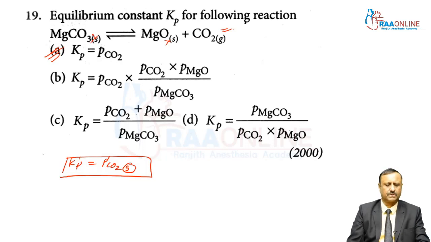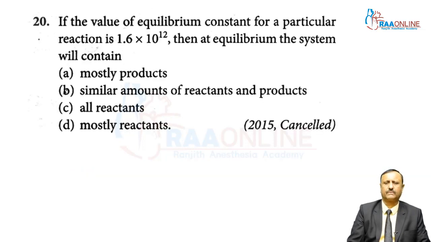Now, we can see question number 20. If the value of the equilibrium constant for a particular reaction is 1.6 × 10¹², then at equilibrium the system will contain... Here you can see 10 to the power 12 means the value of the equilibrium constant is very high.